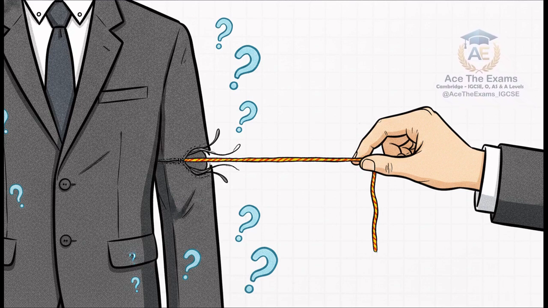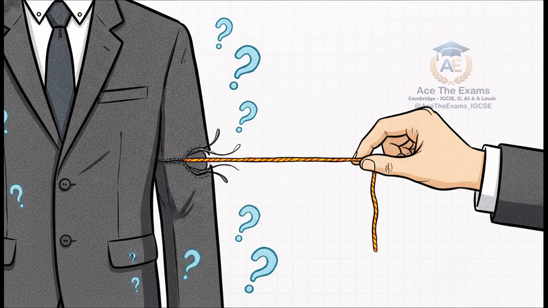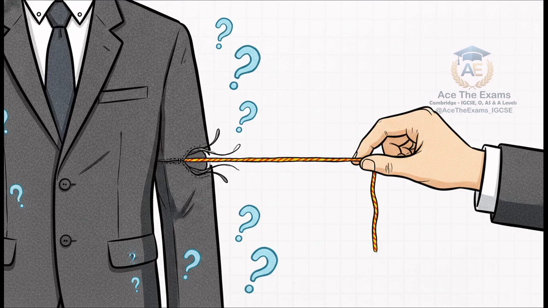Second, quoting a process without linking it to a physical effect. And third, giving real-world examples without showing exactly why they follow from the physics. Think of these like loose threads on a suit. They might seem like minor details, but examiners will pull on them and your entire answer just unravels. If you don't tailor your answer by linking the math directly to physical reality, you're going to be penalized.